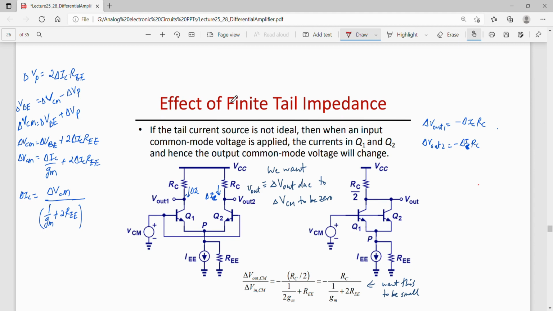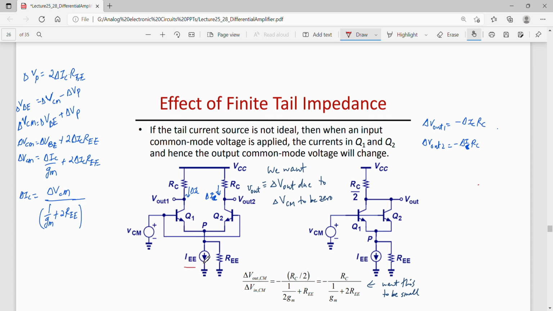All right, so let us carry on our discussion on the differential amplifiers. So far in the differential amplifiers, we had assumed that the tail current source was ideal.